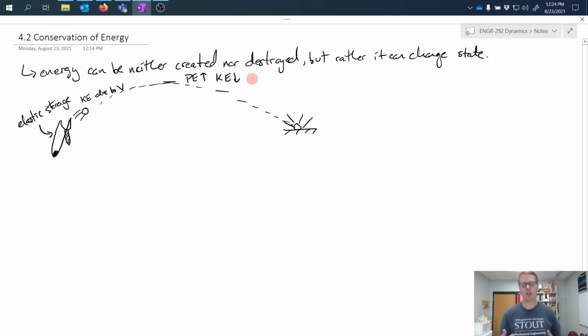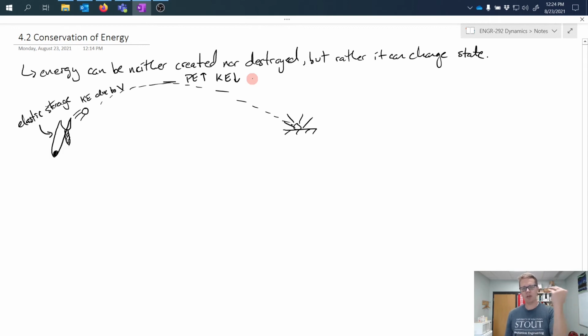Now, one thing that we should note here, compared to when we've looked at projectile motion before, is that the kinetic energy is not necessarily zero, right? Because the stone still has horizontal direction velocity, so it still has kinetic energy. But at the peak of this parabola, its vertical direction velocity has gone to zero, and it's instead been converted to potential energy. So we've got some new potential energy up here.